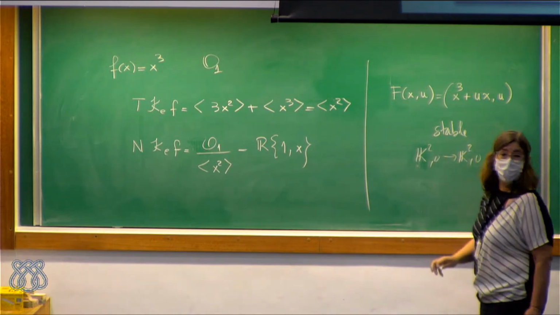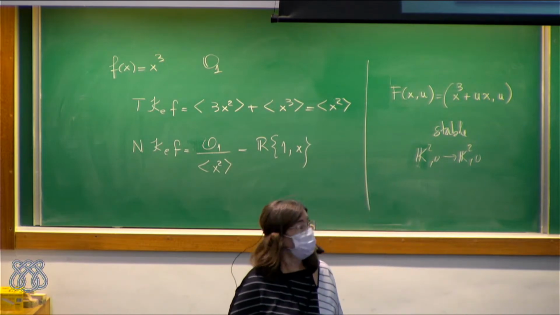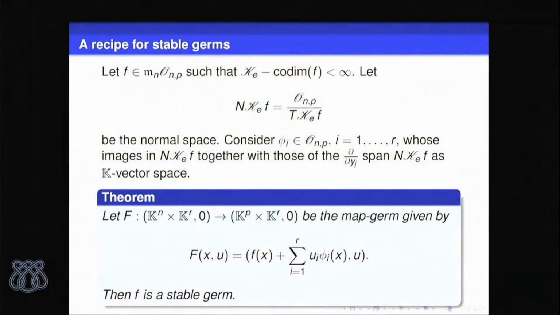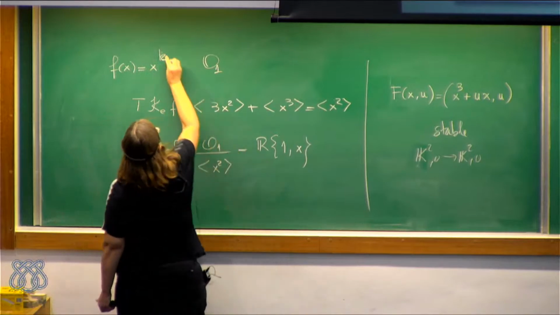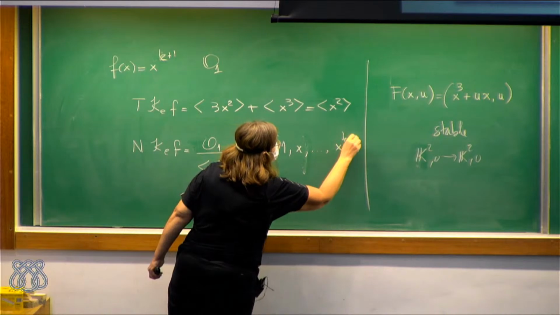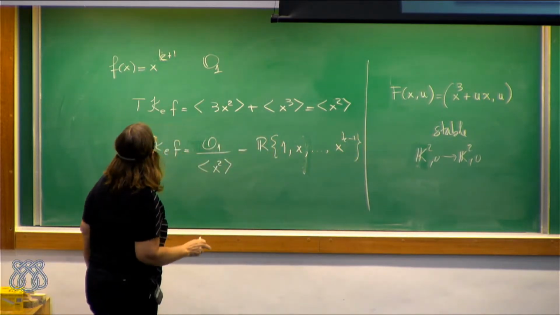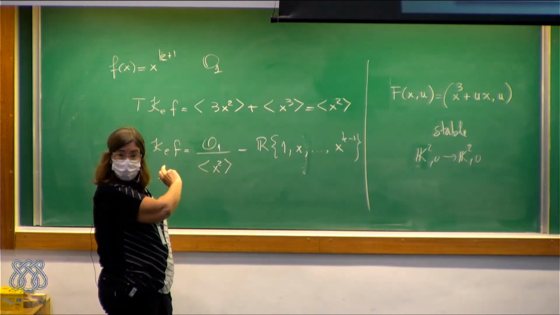And you could do this for all A_k singularities and so on. You can always do it like that. We start with some f, and you construct a stable germ from that one. So if you put here x^k, then you go up to x^(k+1), then you go up to x^(k-1), okay, because the derivative will be x^k. All right?